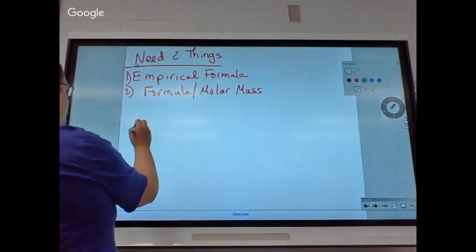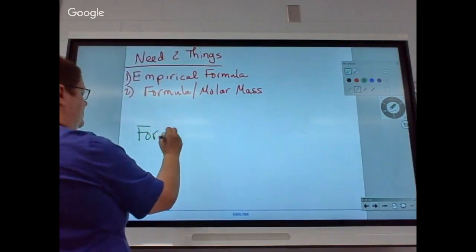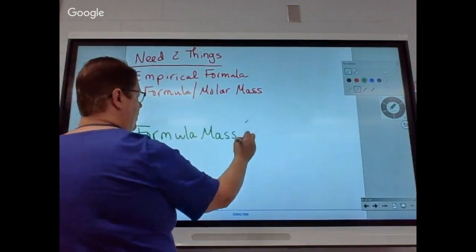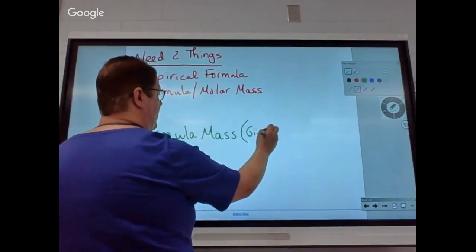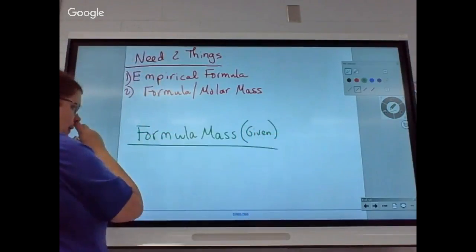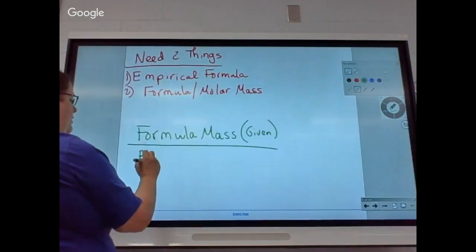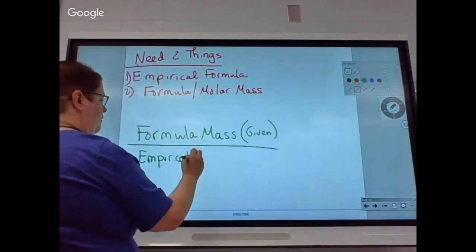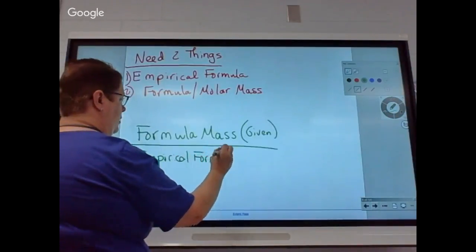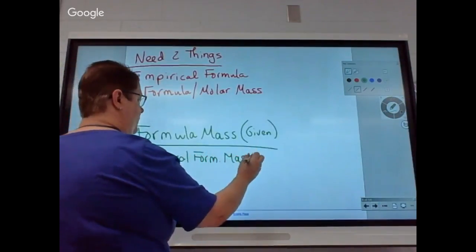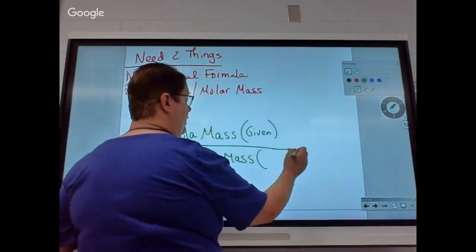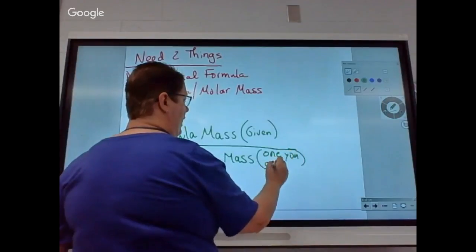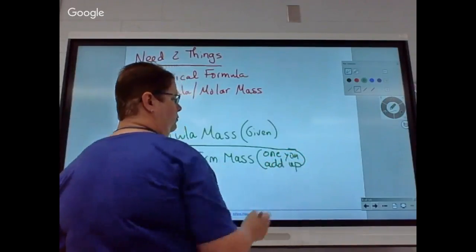So once we have those 2 things, what are we going to do? We're going to take the formula mass, and in parentheses, I'm going to write the given mass. We're going to take the empirical formula's mass, and in parentheses, I'm going to write here the one you add up.